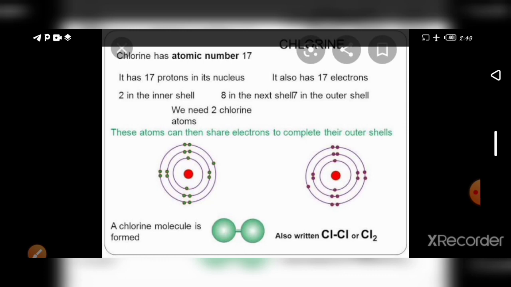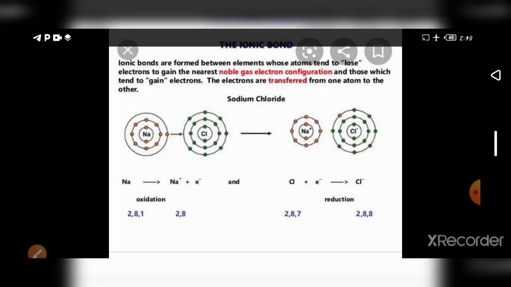Okay, next we go to the next topic, the ionic bond, sodium chloride. Here I already explained it. Here I have given briefly, using dotted structure, how it will be formed. See here, the configuration 2, 8, 1 forms 2, 8. So because of it, the 1 will be lost and the 1 will be gained here.